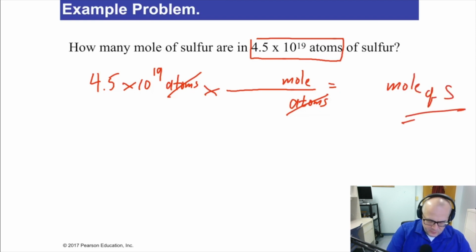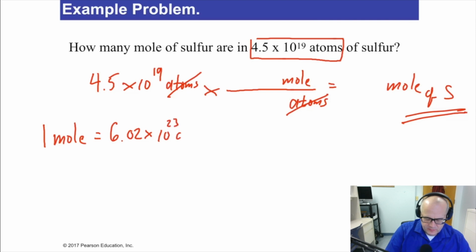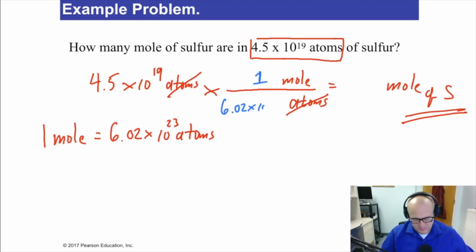Now remember, 1 mole equals 6.02 times 10 to the 23 atoms. So when we're plugging the numbers in, the number 1 goes on top, and 6.02 times 10 to the 23 goes on the bottom.